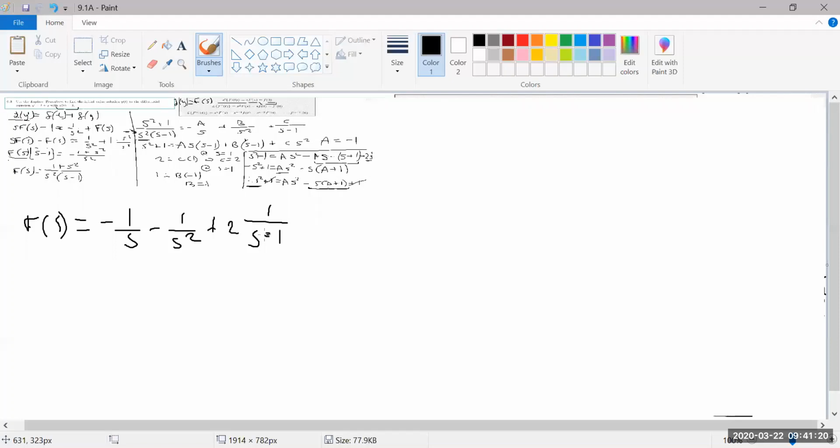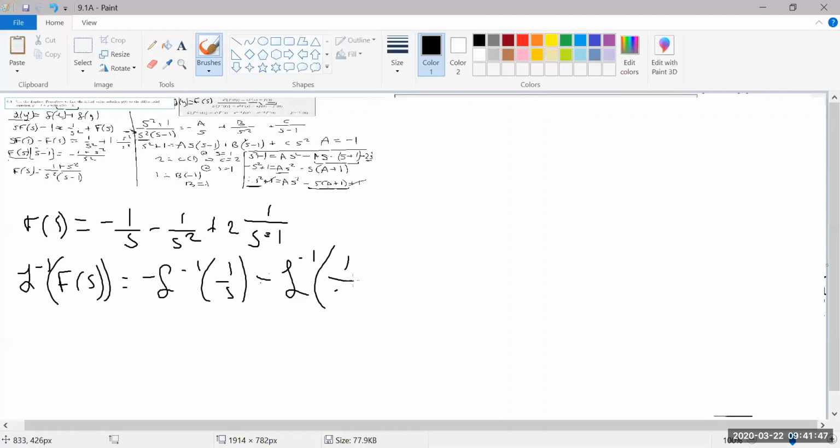Okay, and now we can take the inverse Laplace transform of the whole thing. So the Laplace inverse of f of s equals the negative Laplace inverse of 1 over s, plus, sorry, minus the inverse Laplace transform of 1 over s squared, and then plus 2 times the inverse Laplace transform of 1 over s minus 1.